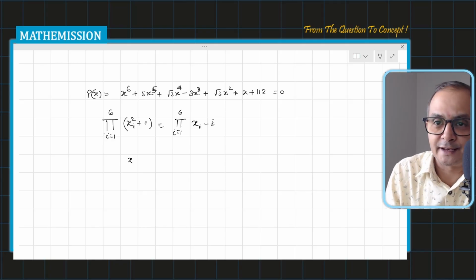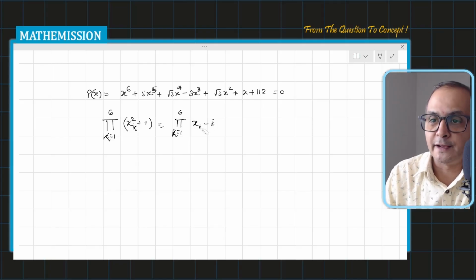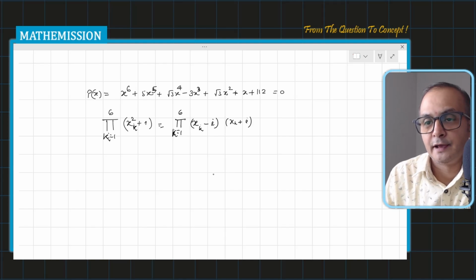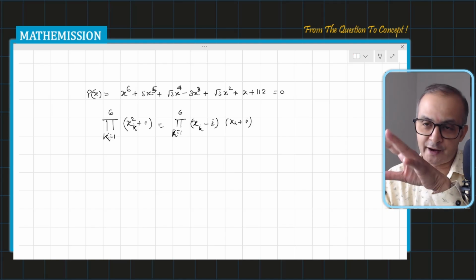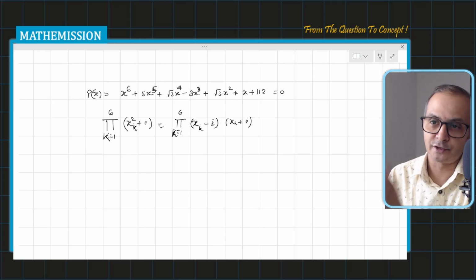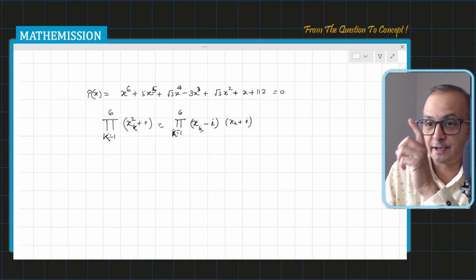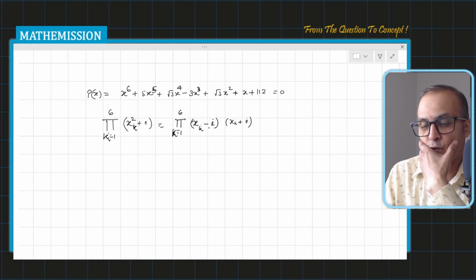By the way, let's say k here, because I don't want to confuse it with the i two times. One is iota, one is the index, so it will be convenient if I take this k. So xk minus i, and then xk plus i. Since we are multiplying these two brackets, we can multiply vertically also, like x1 minus i and so on, and you know what to do.